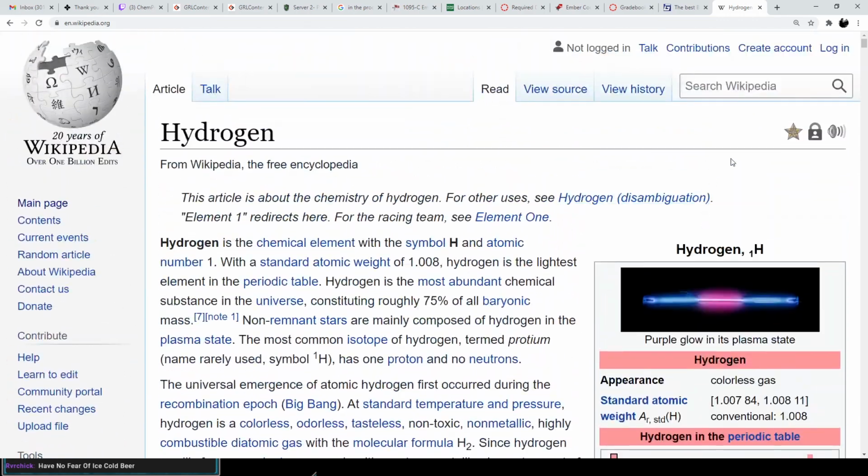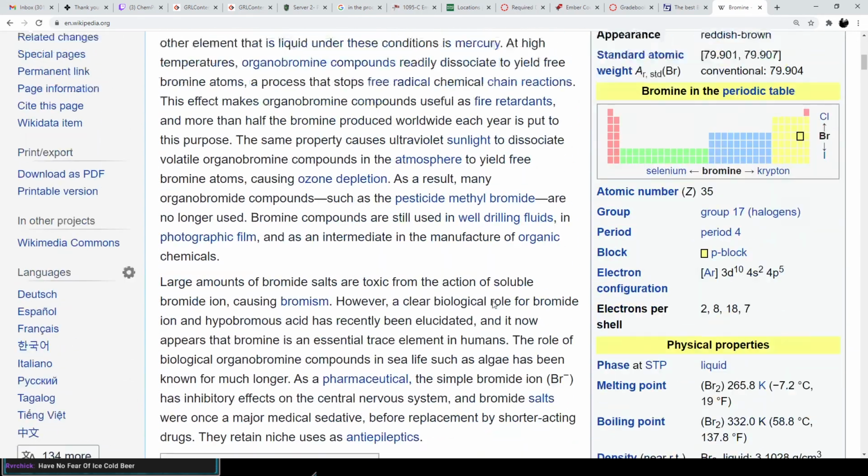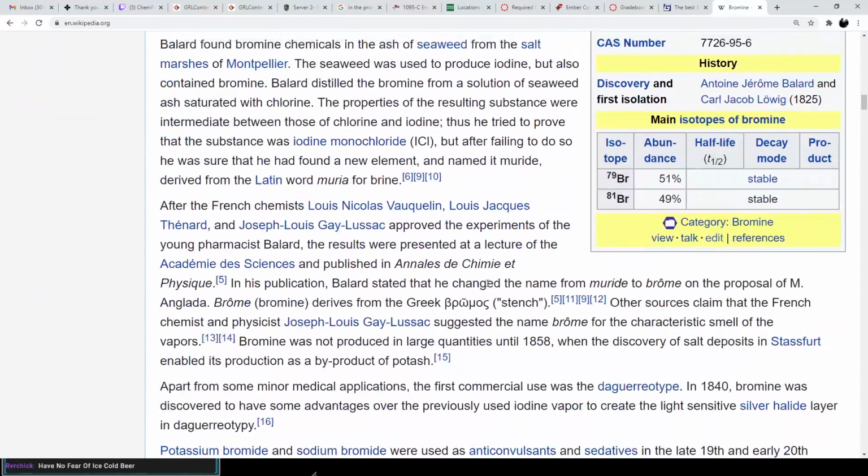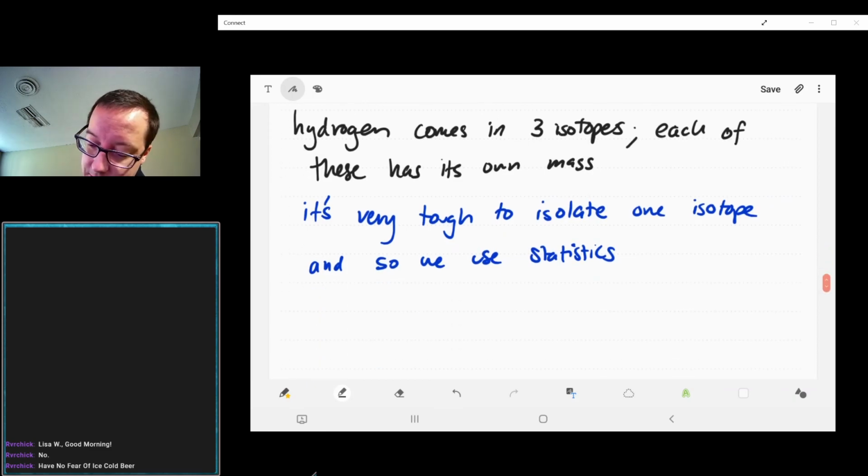Why don't we look at bromine? If we look at the isotopes of bromine, about half of bromine is bromine 79, and the other half is bromine 81. Let's keep those numbers in mind for right now. Actually, let's write them down.